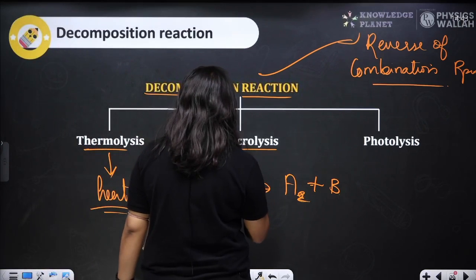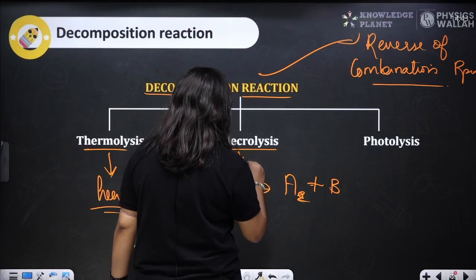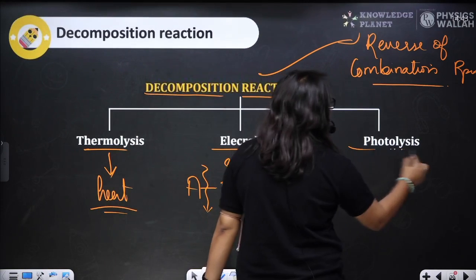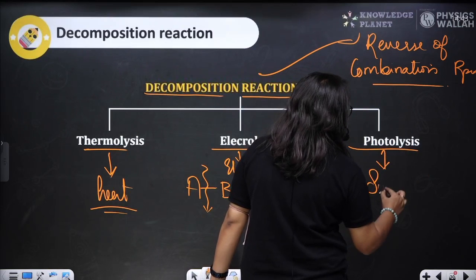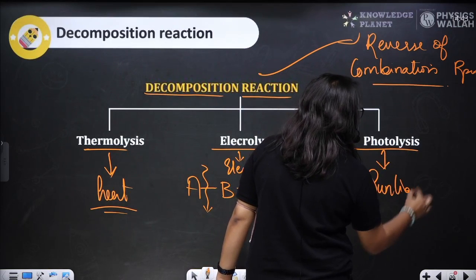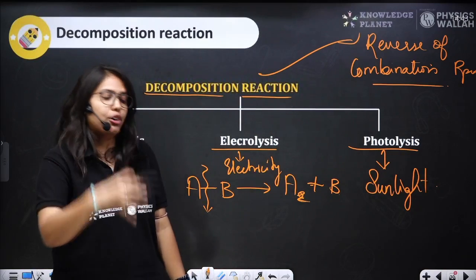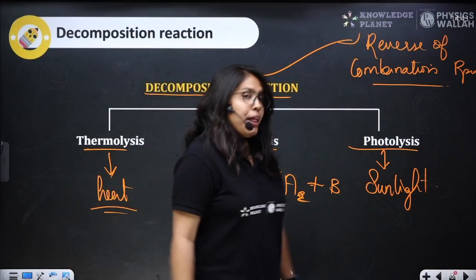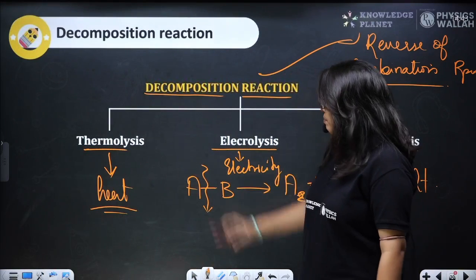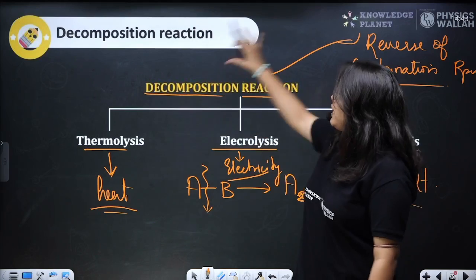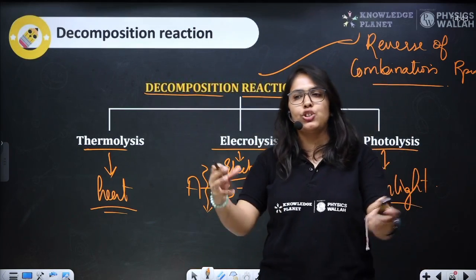In electrolysis, we use electricity. And for photolysis, we use sunlight. So breakage of bond takes place by the absorption of energy, which is provided in the form of heat, electricity or sunlight. So this is decomposition reaction in a gist.